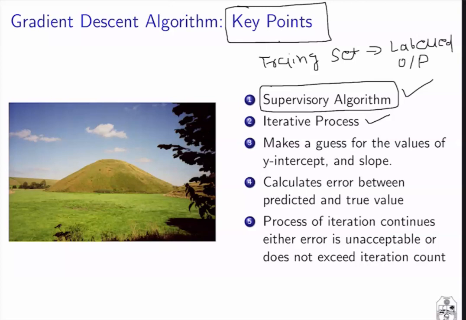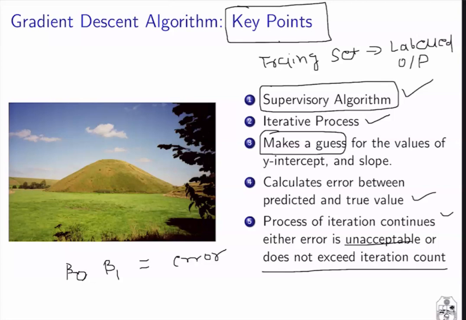Why is this iterative process required? Initially it makes some guess for beta 0 and beta 1, and it calculates the error between the predicted value and the true value. The iteration continues if the error is unacceptable and the specified iteration count has not been exceeded.